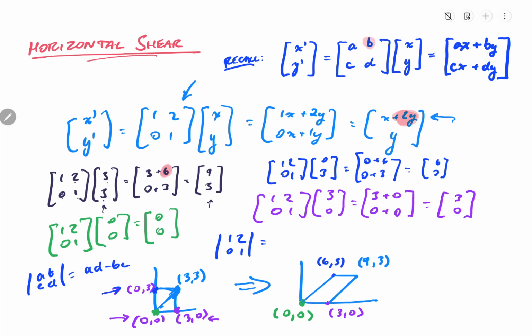You can look at what spot each of those represents. So if I do that, A times D is 1 times 1, and I'm going to subtract 2 times 1. So that gives me -1.